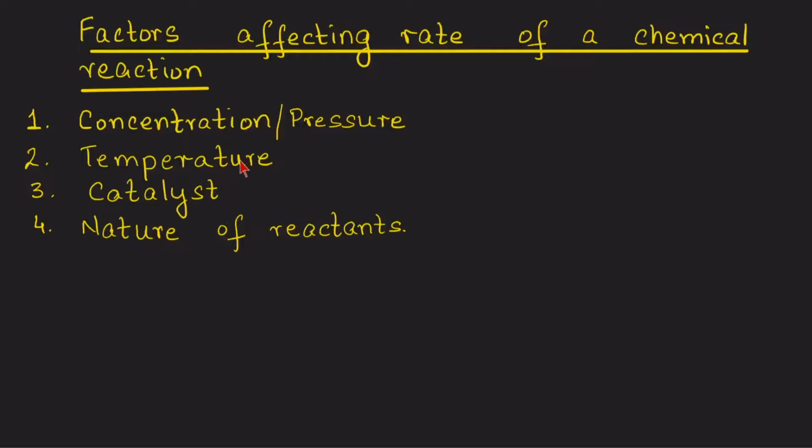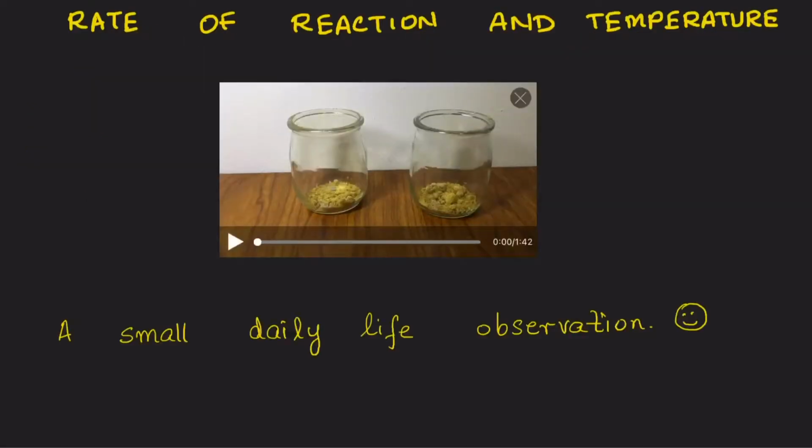Before we talk about chemical reactions, let's make a daily life observation for physical changes. Watch this small video. In this experiment, I have taken two small jars in which I have put jaggery powder.